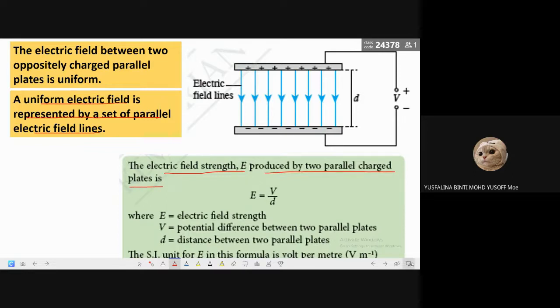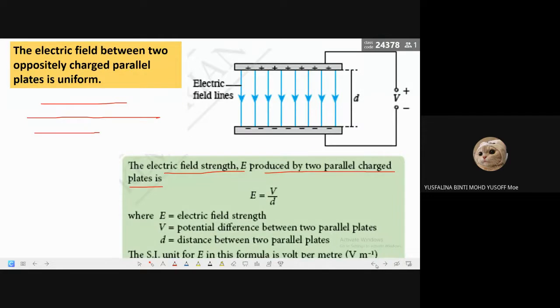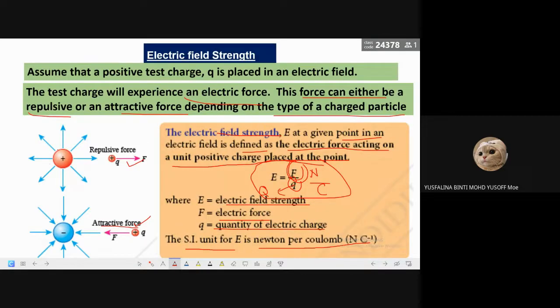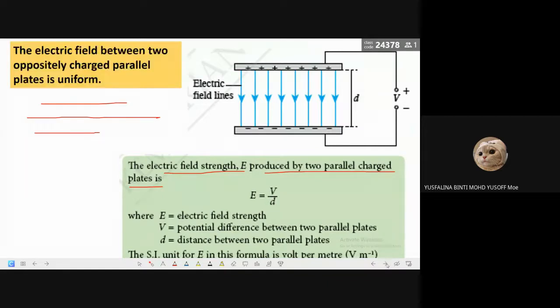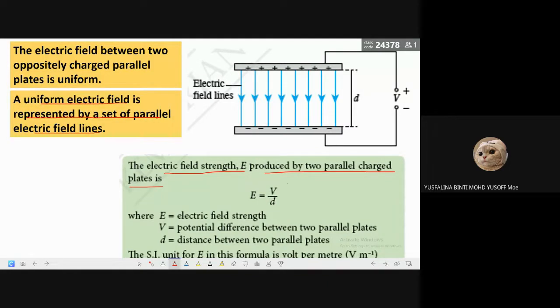Just now we learned it for a point charge, but this one is for the plates. For the plates, they use this formula: E equals V over D, where E is the electric field strength and V is the potential difference.